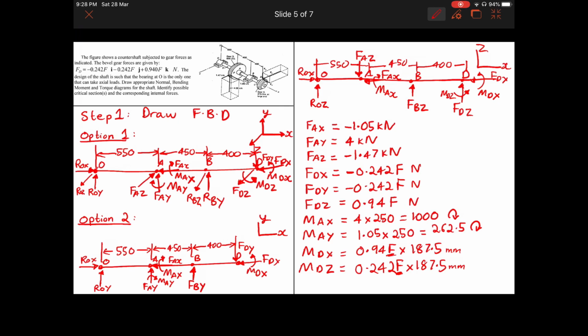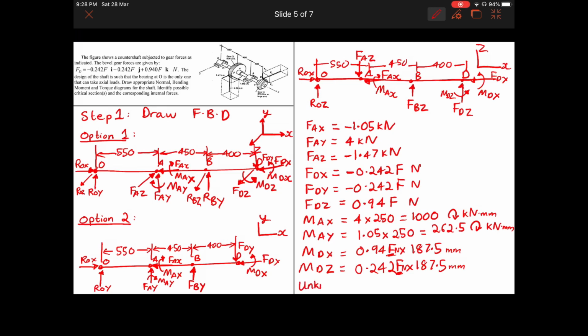So the value that we get over here is kilonewton millimeters, and the ones above are newton and kilonewton respectively. This is also newtons. Okay. So these are all the knowns.